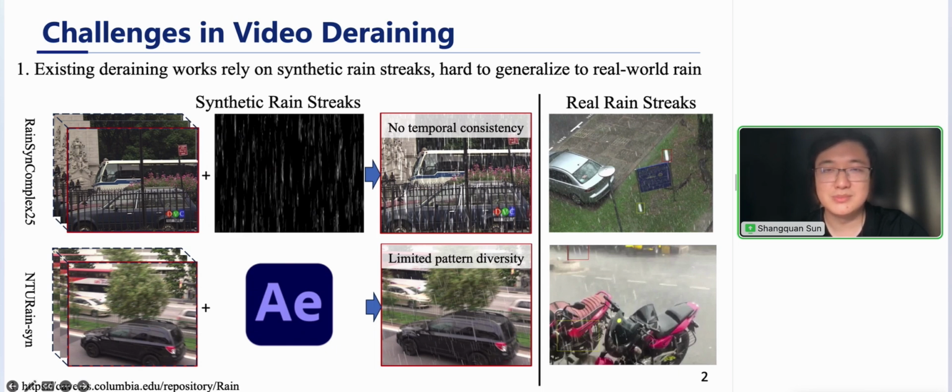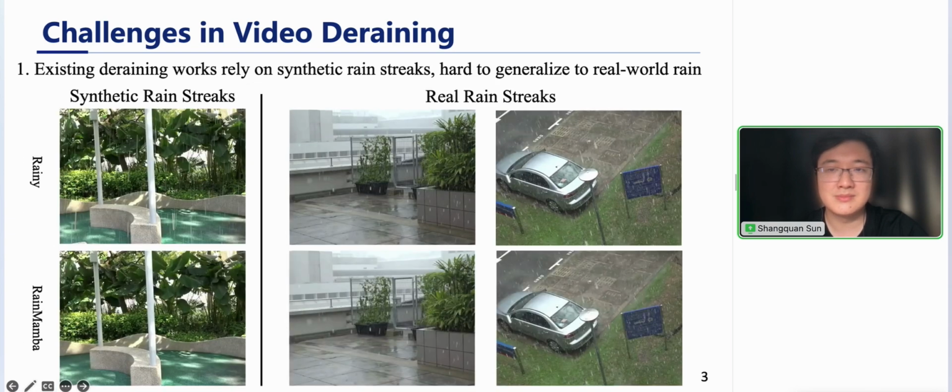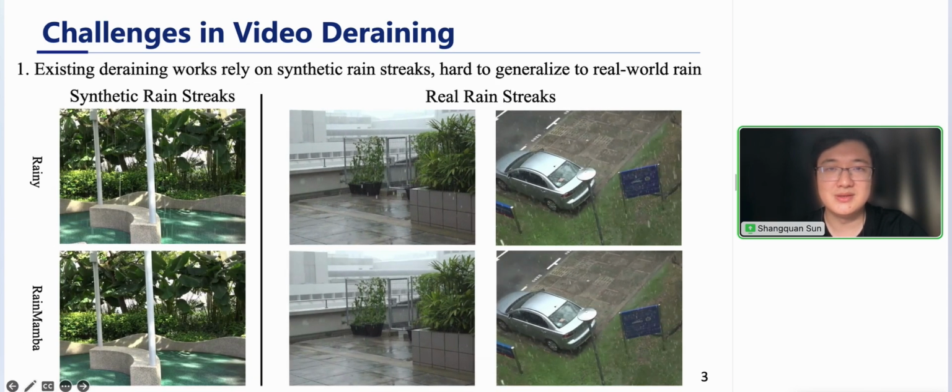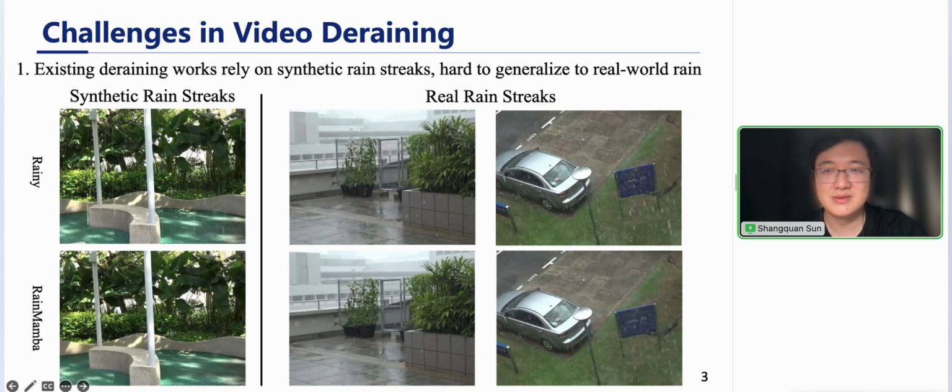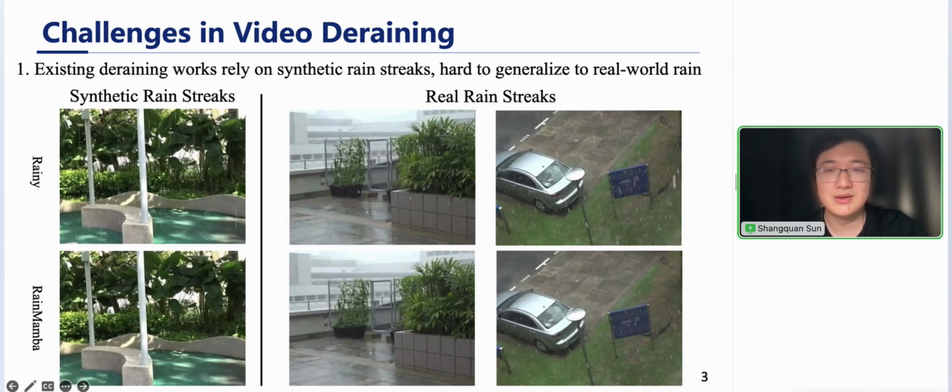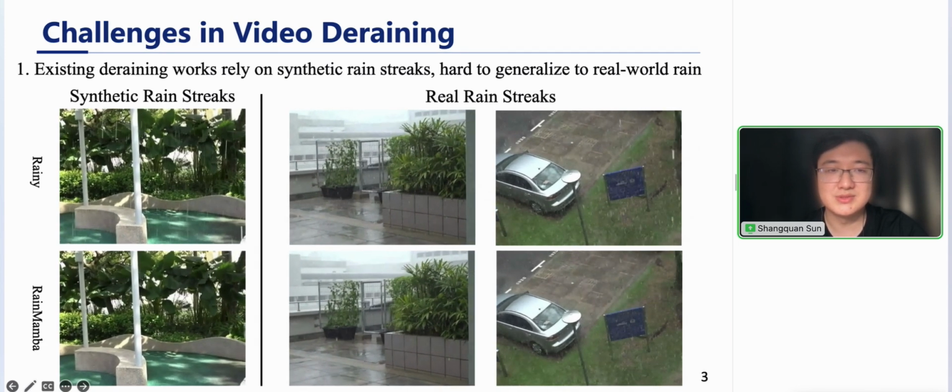The two ways make the synthetic rain streaks either lack temporal consistency or pattern diversity. Therefore, the simulated rain streaks are highly distinct from the real-world ones. As a result, the existing video deraining methods cannot generalize well on real-world rainy videos.